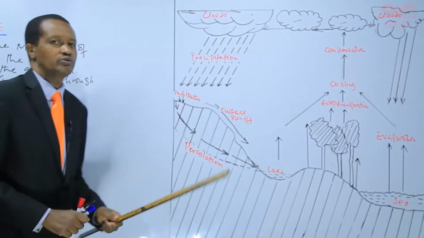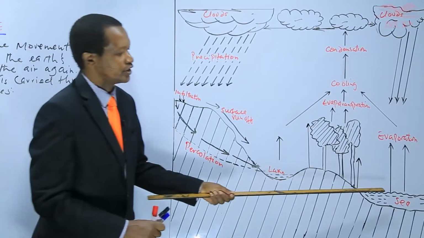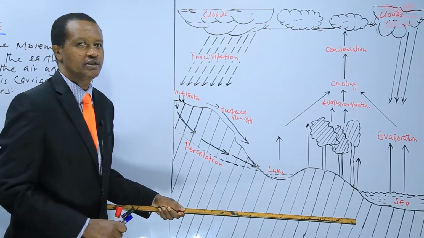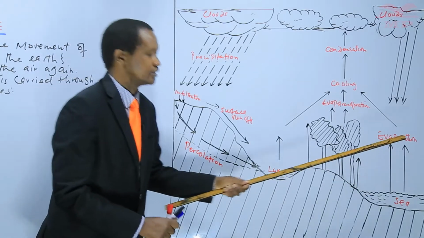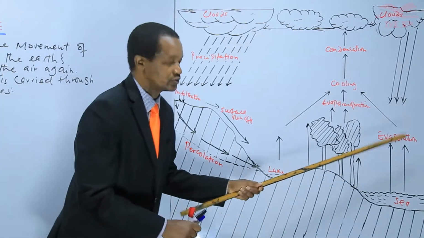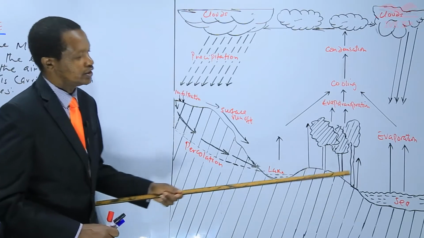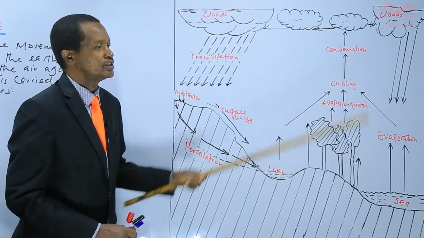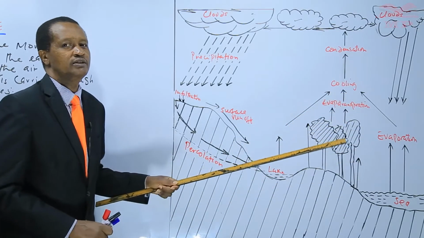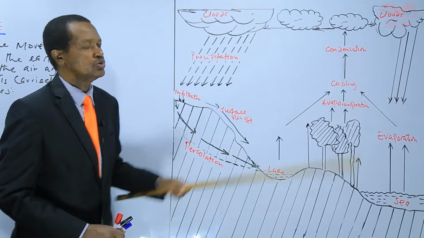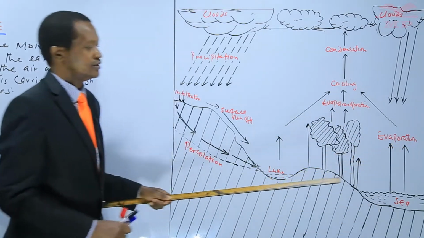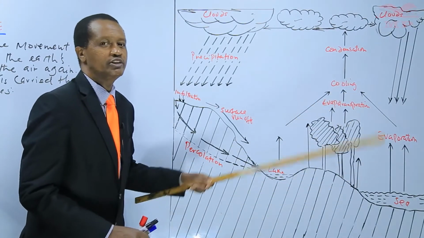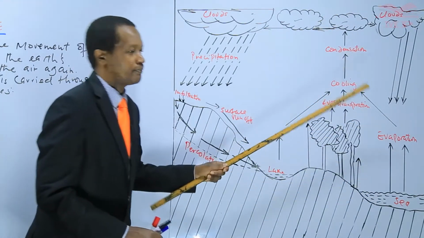So learners, the hydrological cycle begins with the evaporation of water from the sea. All right? Evaporation, learners. What is evaporation? Evaporation is the process through which liquid water changes into water vapor.